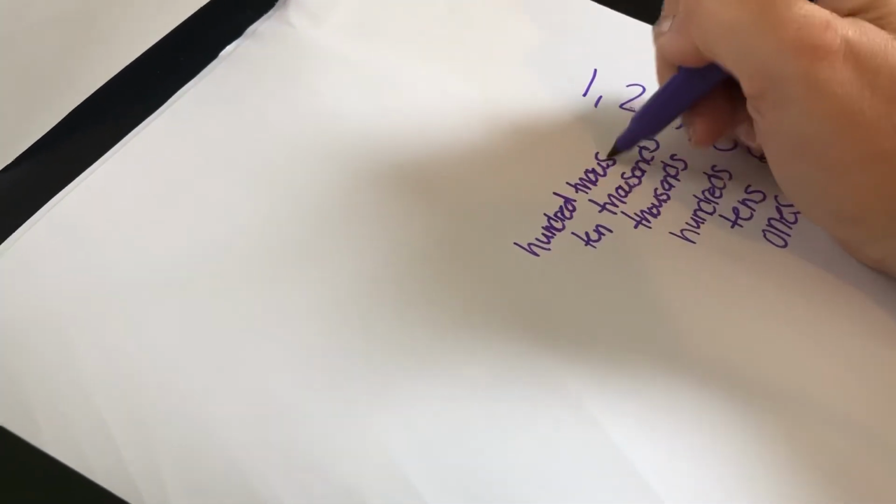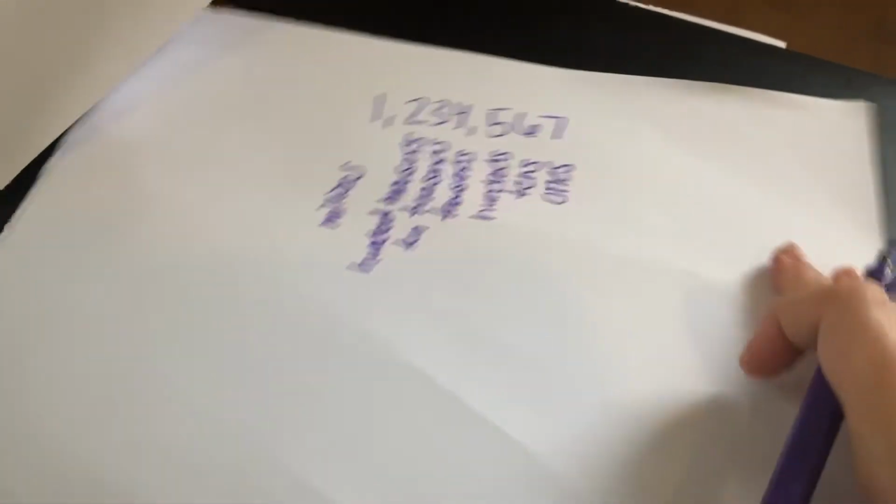Then the hundreds place. Then the thousands place. Then the 10,000s place. Then the 100,000s place. And then what would come next? Millions. Y'all remember when we did that?